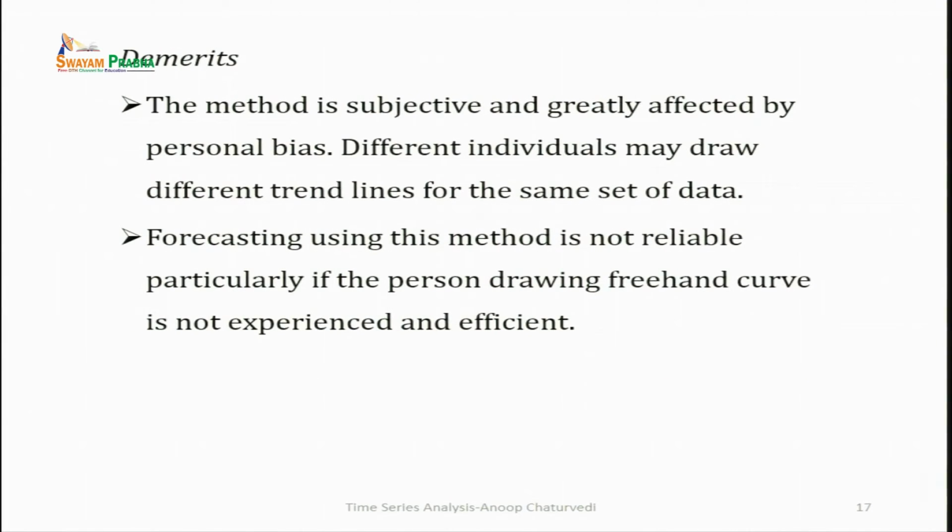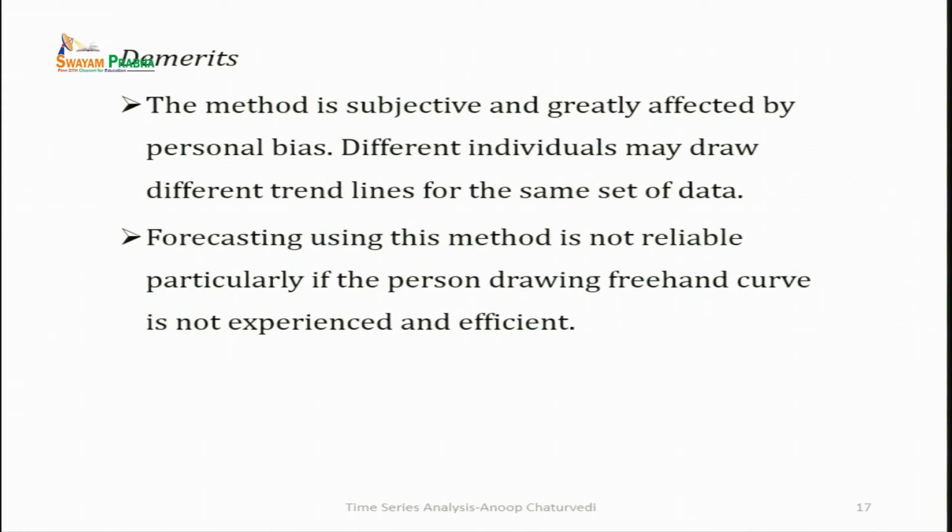The method is subjective and greatly affected by personal bias. Different individuals may draw different trend lines for the same set of data. Now, this may happen in practice. Say one person is preferring one trend line, another person is preferring another trend line.